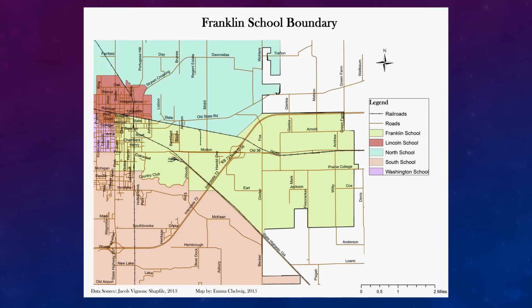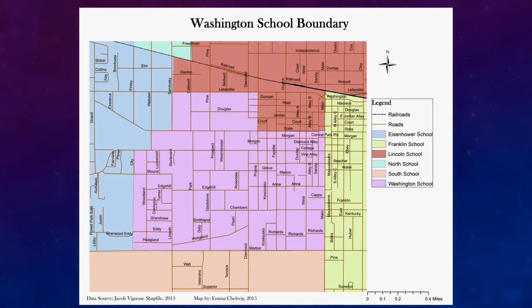You see in this map that the adjacent schools are North Elementary, Lincoln Elementary, Washington Elementary, and South Elementary. This map shows the Washington Elementary School boundary, and it shows the common boundary that is shared between Washington Elementary and Eisenhower Elementary. That will come into play in several scenarios.